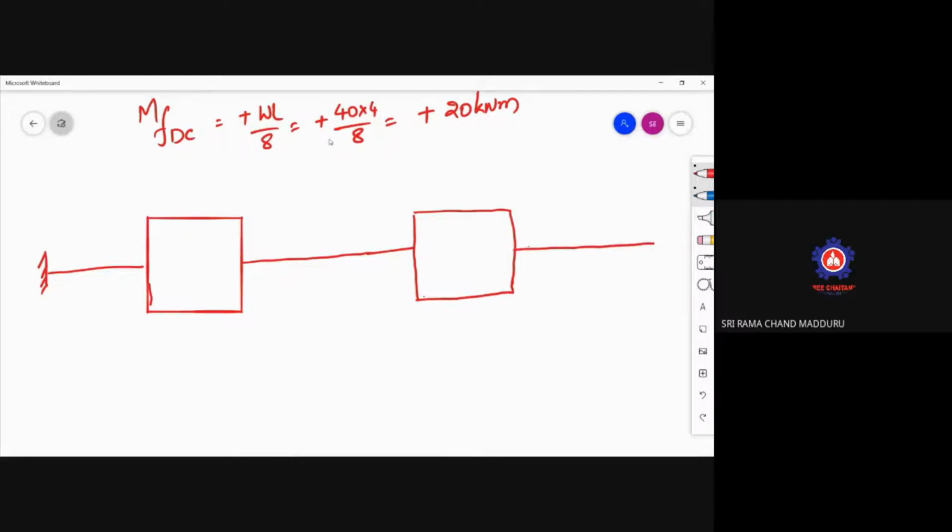And the last one is also fixed. So wherever your joints are, give a symbol like this.